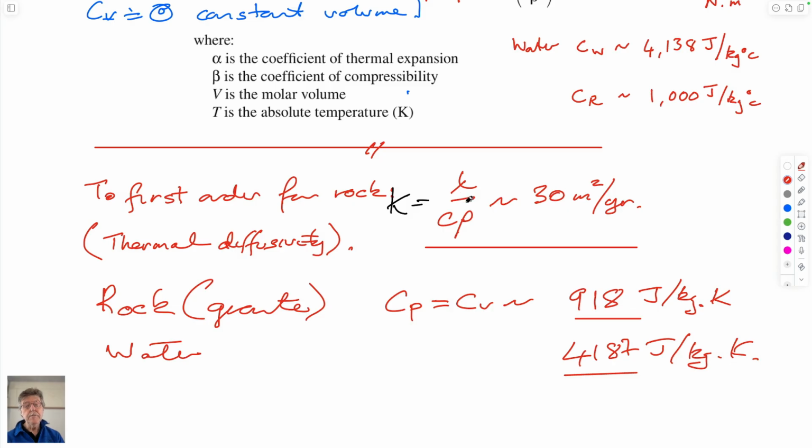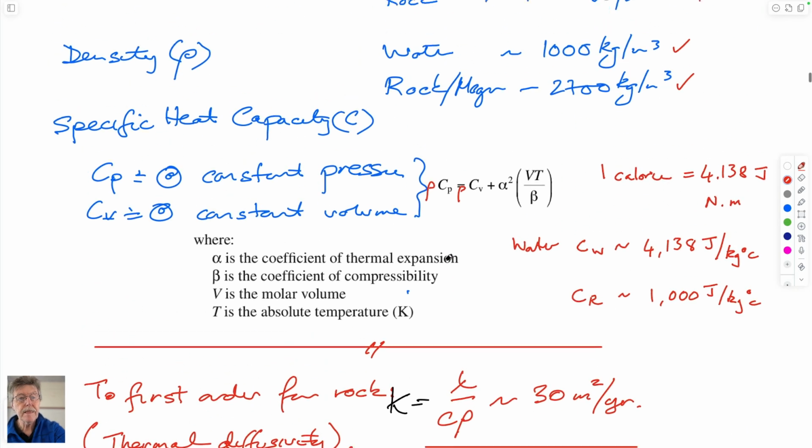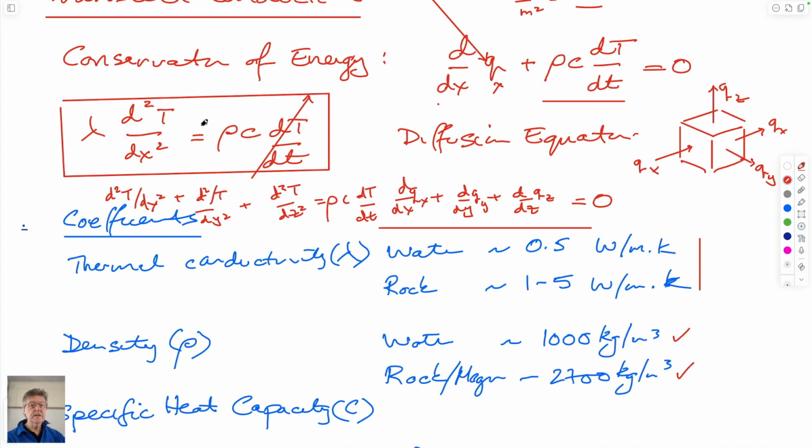So the other useful number is to know thermal diffusivity. If you take this equation and divide both sides through by the density and specific heat capacity, then this term becomes 1, and you don't have to worry about it. And instead of thermal conductivity controlling the behavior, thermal diffusivity controls it.